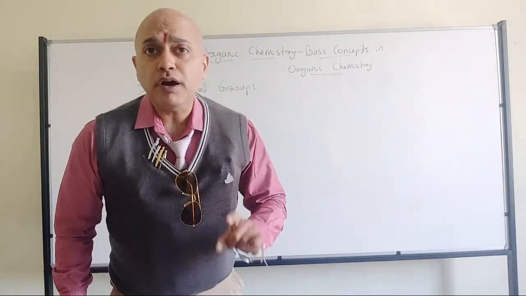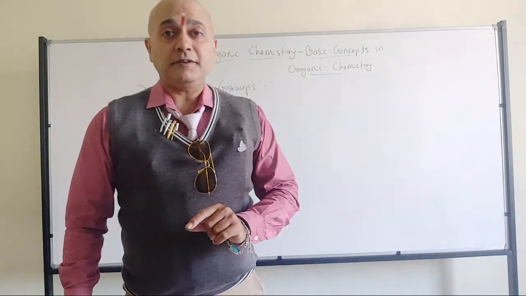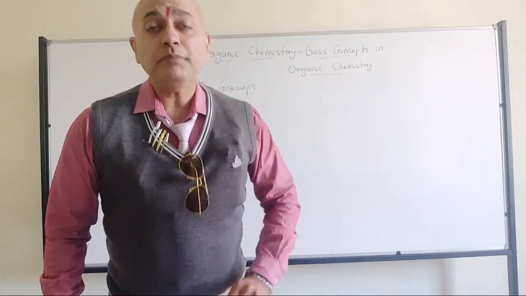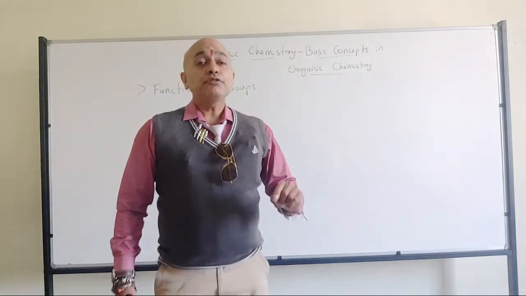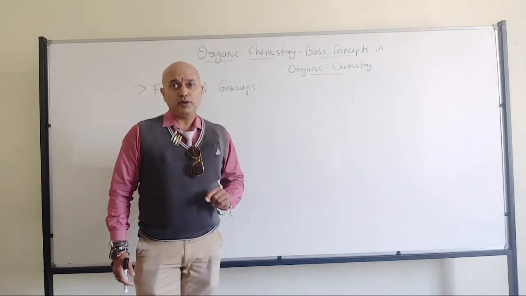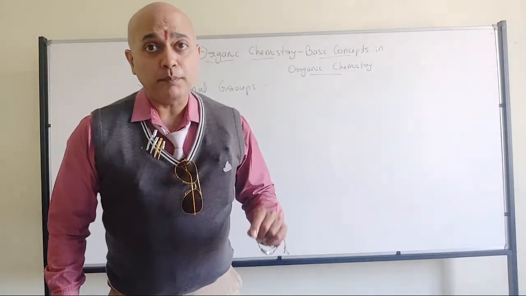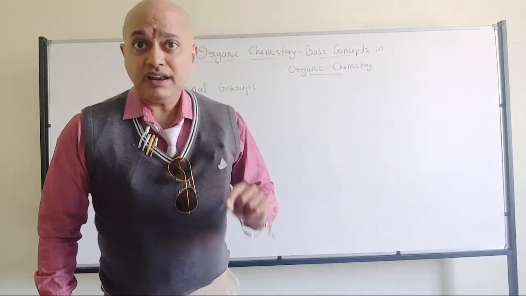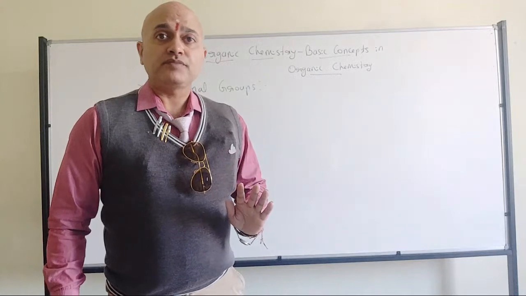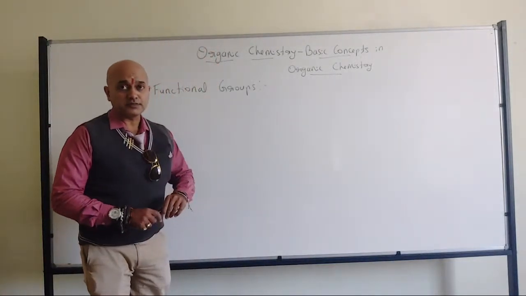A very important point here is that they are going to decide the chemical property of a given organic compound. All of you have understood? So that's where we have the functional groups.